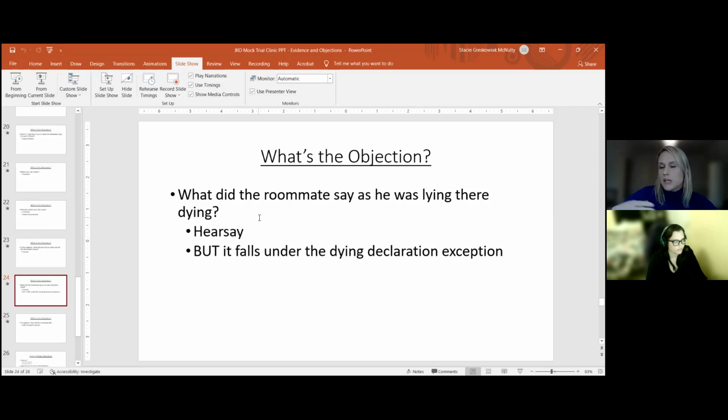The judge is usually just going to hear an objection and a response. Sometimes they ask for more, usually they don't. The judge will rule and then you'll act accordingly. When the judge says overruled, that means the objection does not stand. When the judge says sustained, that means the objection does stand.